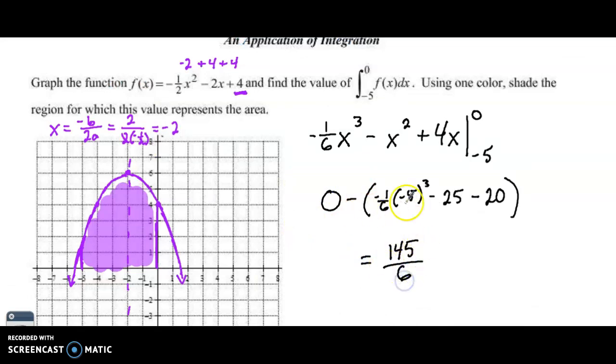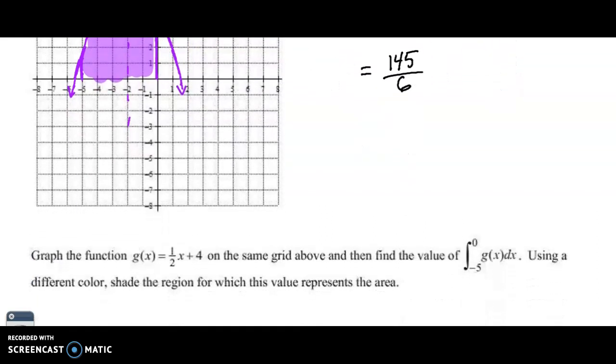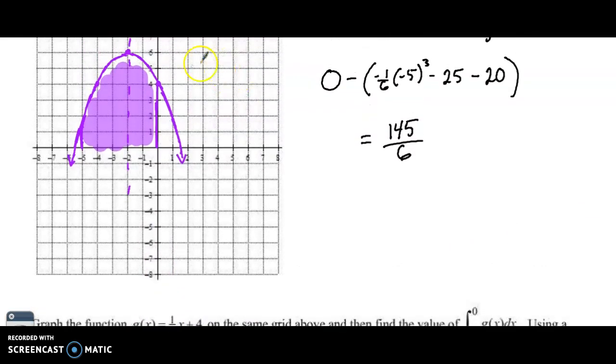And we could even go to a calculator, because right now I'm not worried about can you do the algebra. I'm worried about do you understand the concept. So then in the next part of this, what if I ask you to do g of x from negative 5 to 0? So let's change colors. And I'll do this blue color. Well, that has a y-intercept of 4. And that slope is up 1, right 2.